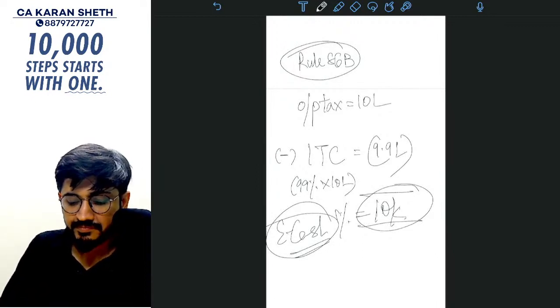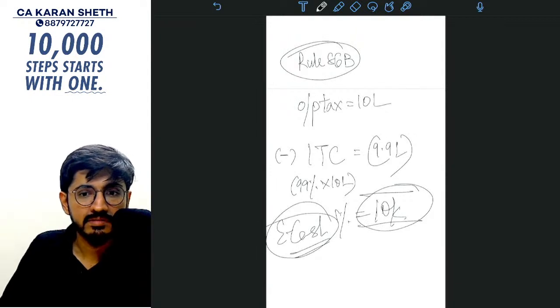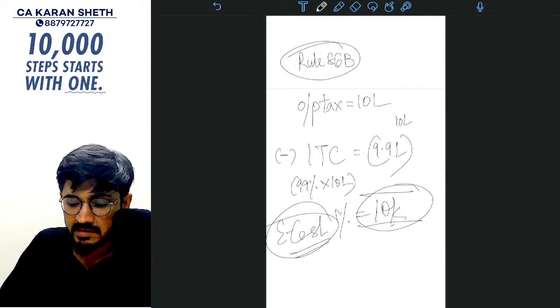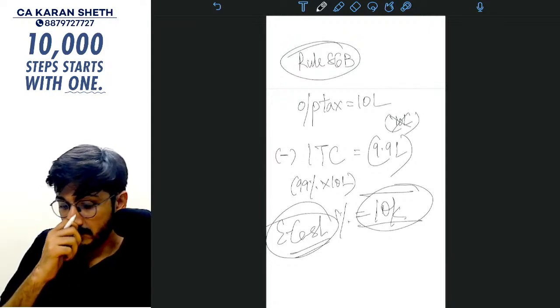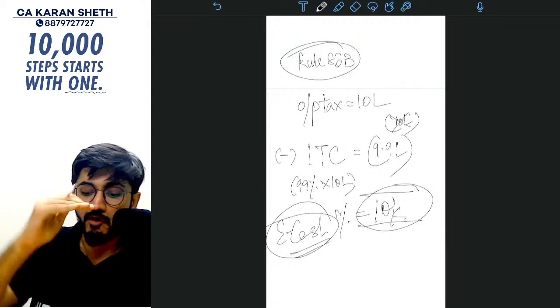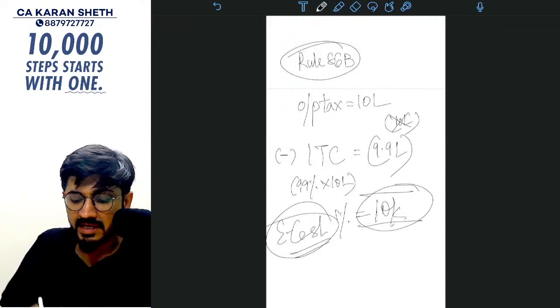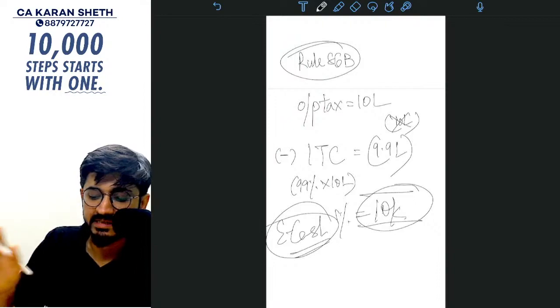So instead of 10 lakhs, you will only use 99% of output tax liability as ITC. The remaining you will pay in cash, e-cash ledger.